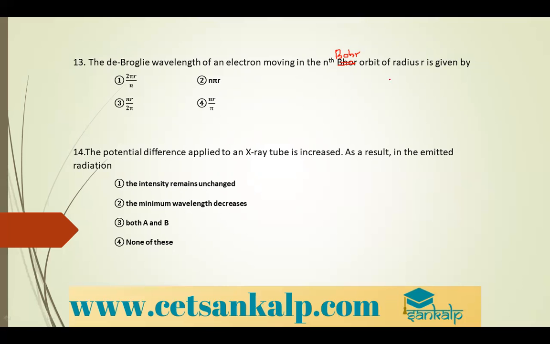Okay, so in Bohr's model you have 2 pi r is equal to n into lambda. So what they are asking is lambda is equal to 2 pi r divided by n. Okay, so option 1.